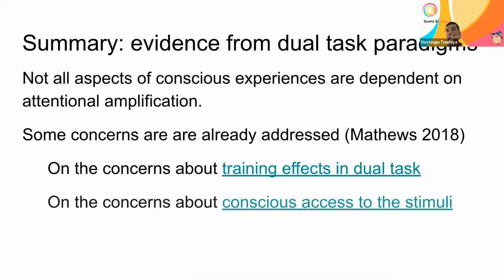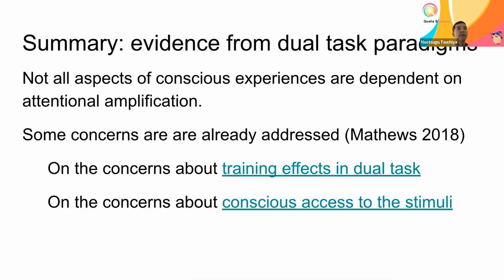And also another issue was whether this dual task performance was performed with conscious access or not. And to address that, Julian measured metacognition or visibility of the stimulus at the same time. So upon reporting whether it was a female or male, he also collected the confidence or visibility of the face, and that was indeed correlated with the performance.